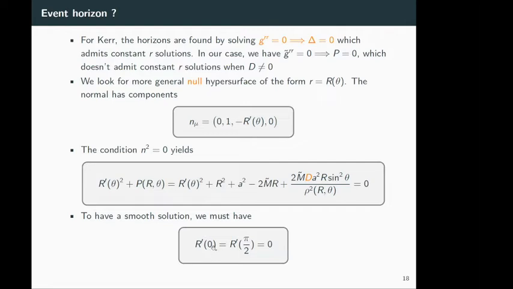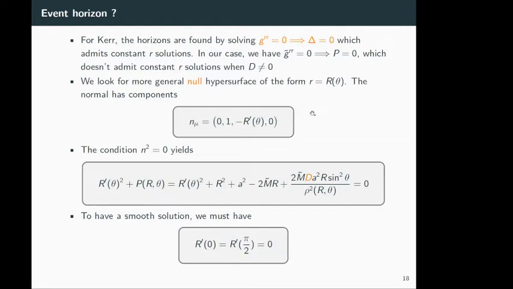As I mentioned, we need to find a null surface. What's usually done in the literature is you expect to find the horizon at a constant radius r in these spherical coordinates.